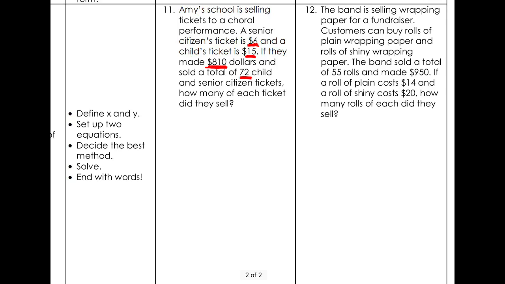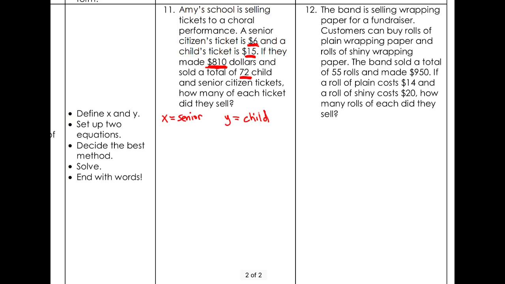So we know we have 2 different types of tickets here. We have a senior ticket, and we'll define that by making it X, and then you have a child ticket.